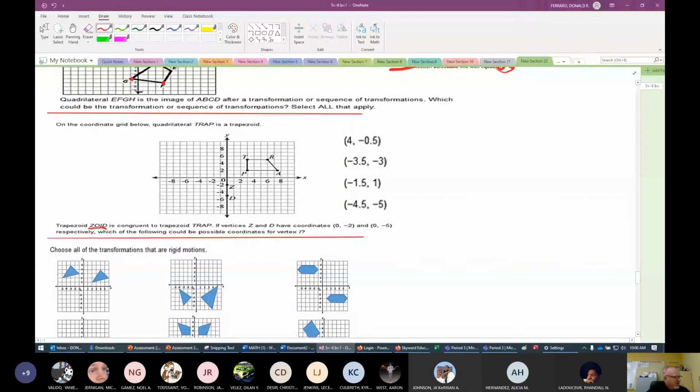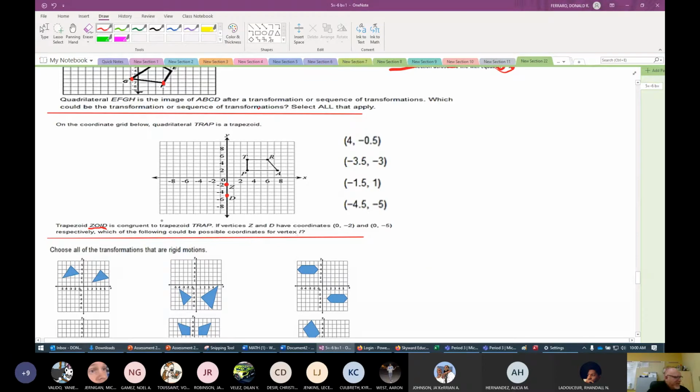So Z, they show here, that is 0, comma, -2, and D has 0 and -5. And they're asking us, which of the following could be the possible coordinates of vertex I?